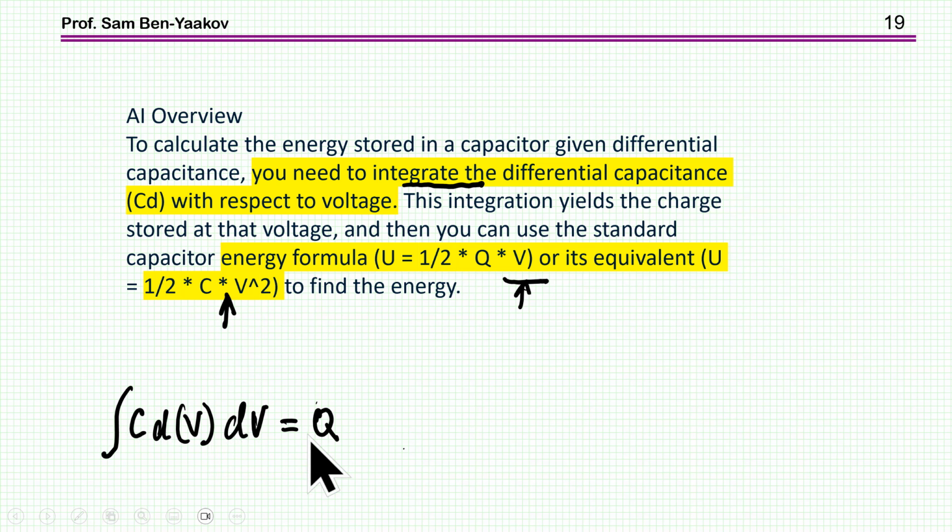Now this gives just the Q, the amount of charge. And then it says you take this amount of charge, multiply it by the voltage to get 1/2 to get the energy. This is incorrect. Or you take CV squared over 2, which is also incorrect because C has to be the energy related capacitance, which you don't have. So this whole thing is incorrect.